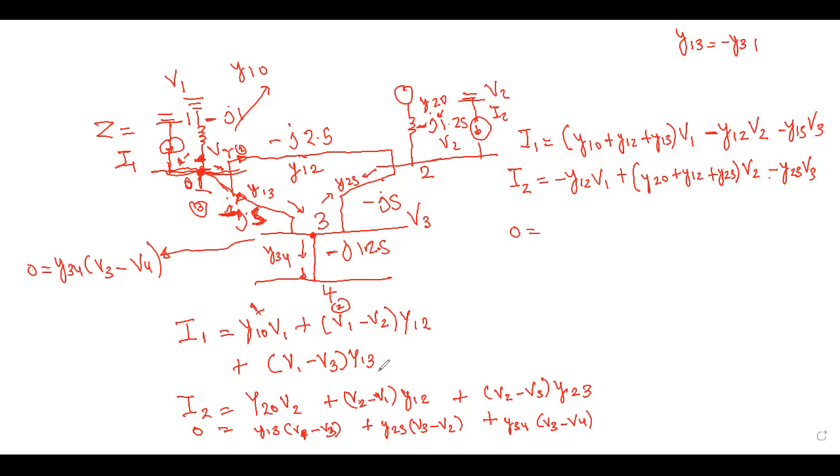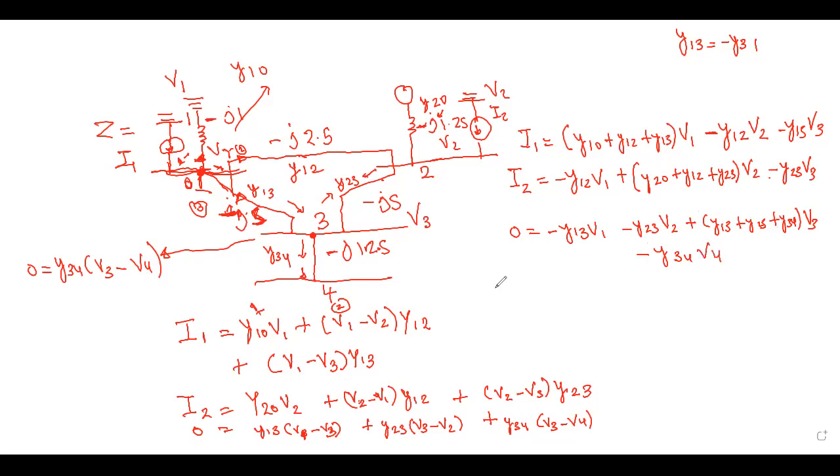So if I want to write this equation in terms of Y31 or Y13, I can write it in terms of this value. 0 would be equal to minus Y13 V1 minus Y23 V2 plus Y13 plus Y23 plus Y34 V3 minus Y34 V4.